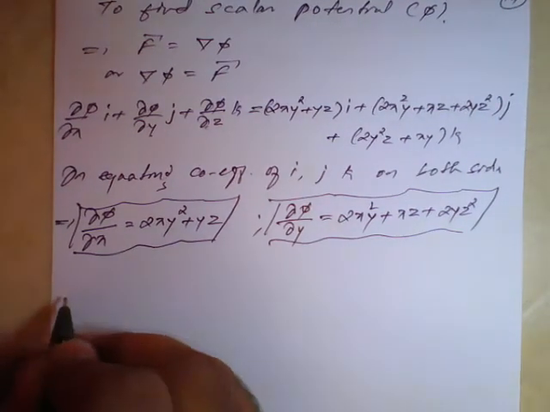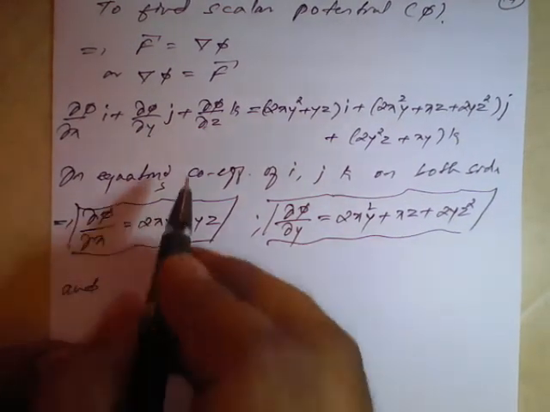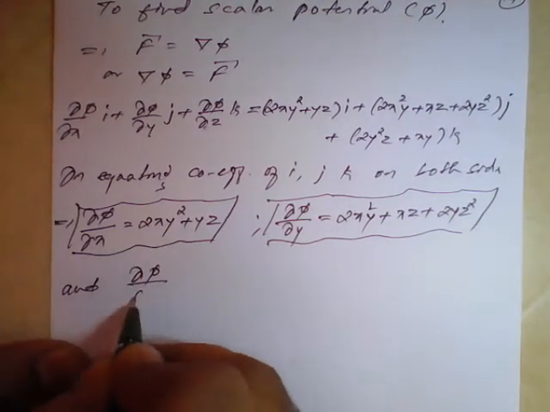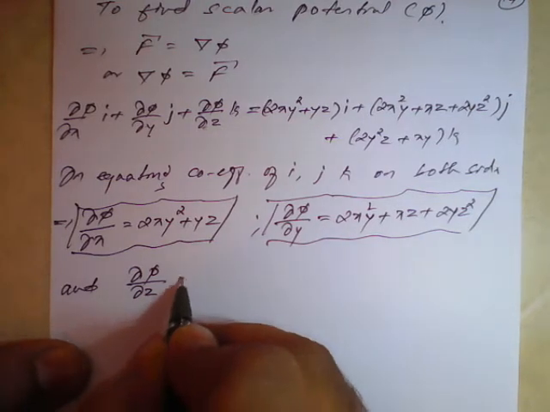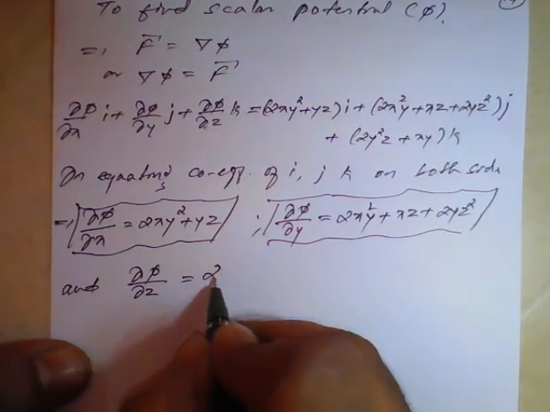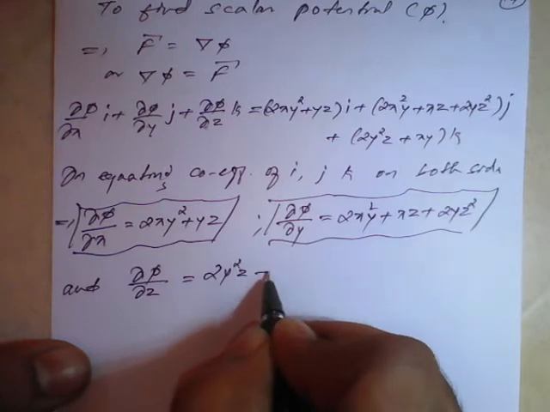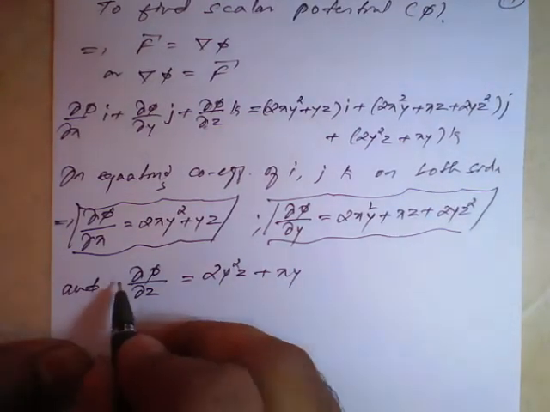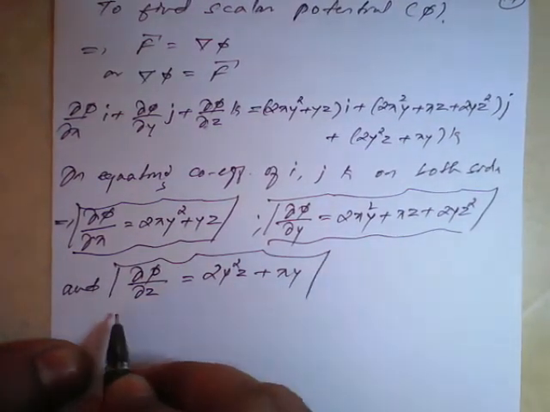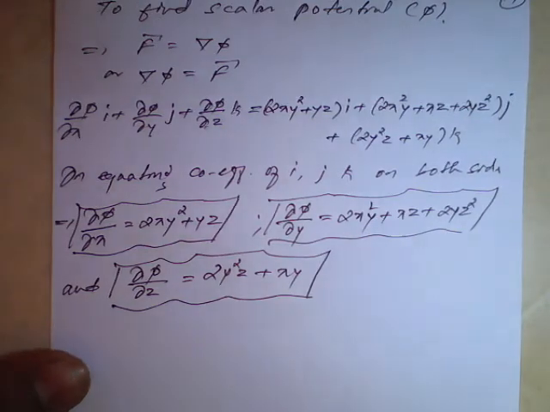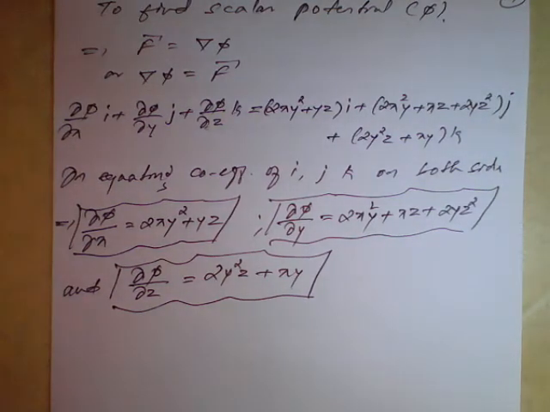And with respect to k, ∂φ/∂z is equal to the last bracket, 2y²z + xy. So these are the three partial derivatives of phi with respect to x, y, and z.